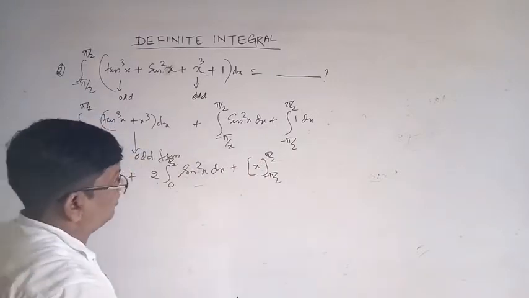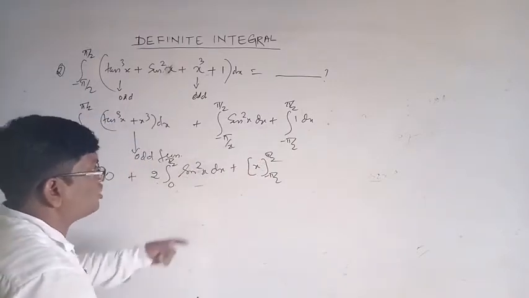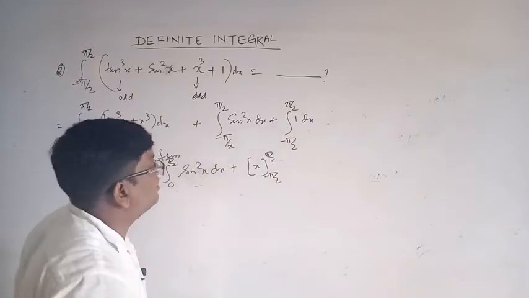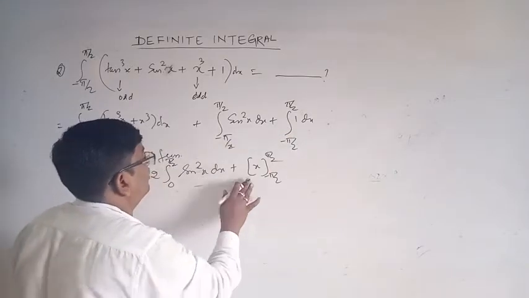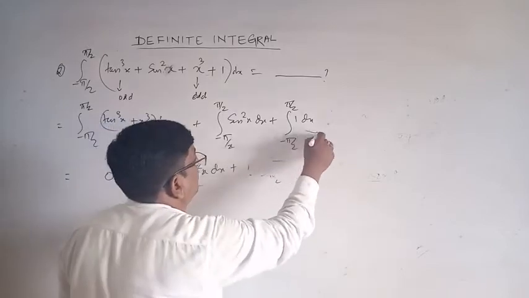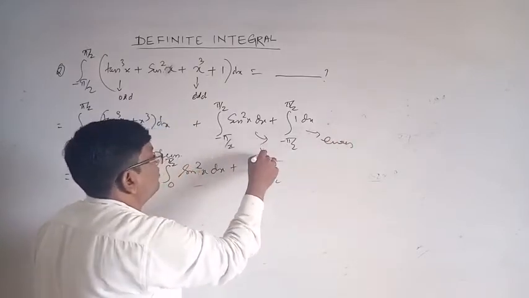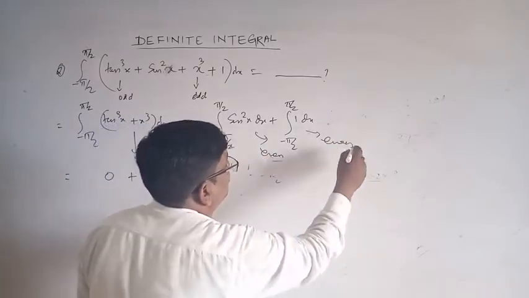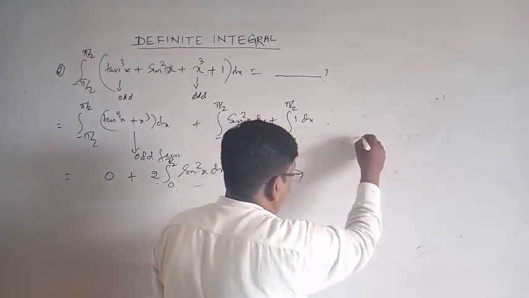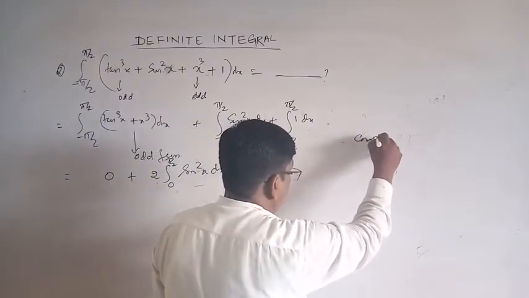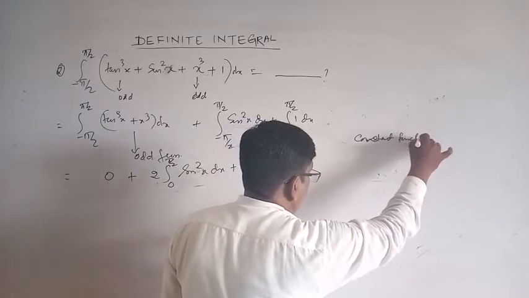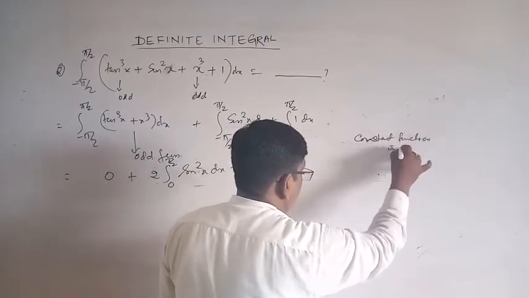1 is an even function, because a constant function is always even. Or we can write 2 times integral 0 to pi by 2, this is even. Even function, for any constant function is even.